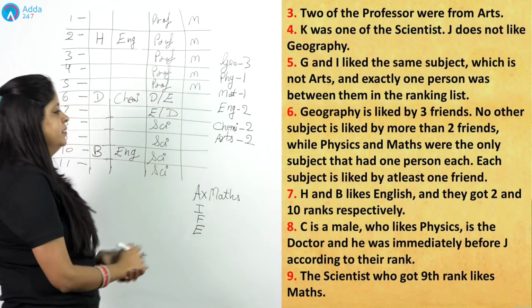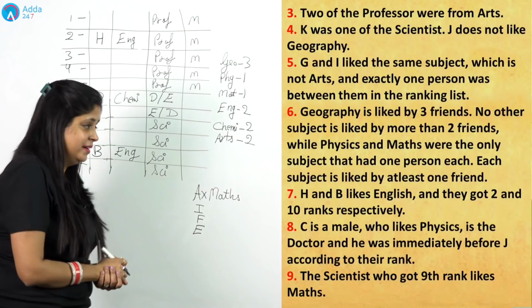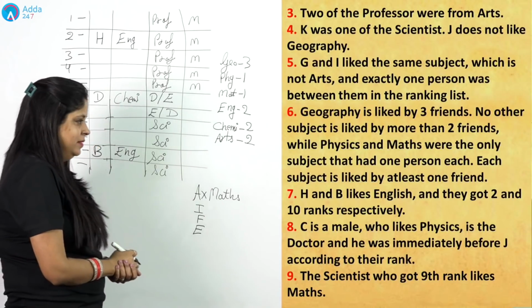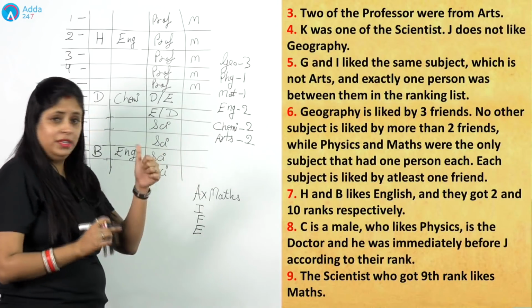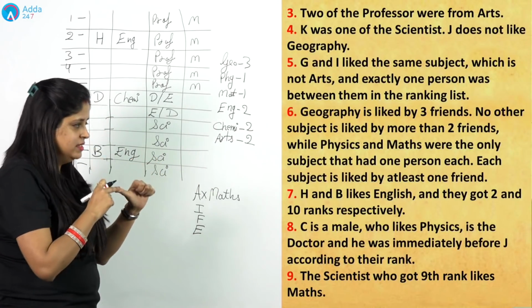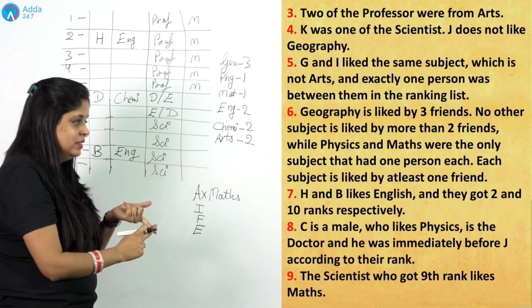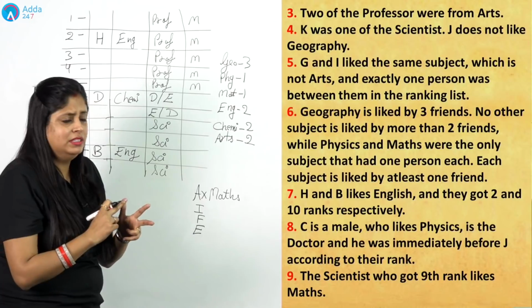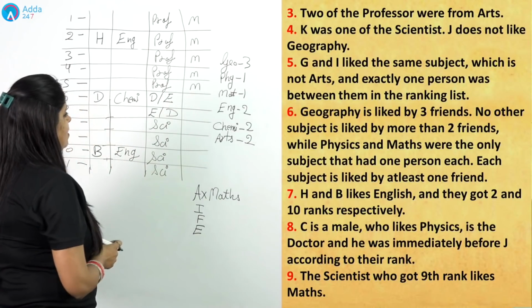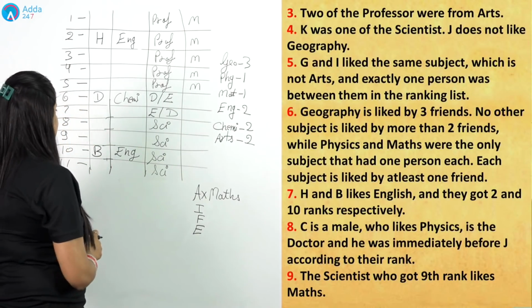Let's proceed on. Let's see point number 8. Point number 8 says C is a male who likes physics. Okay, we got some information. C is a male who likes physics, is the doctor. We got too much information related to this C. C is a male, likes physics, is the doctor. Fine.